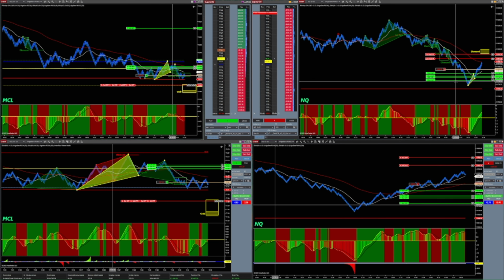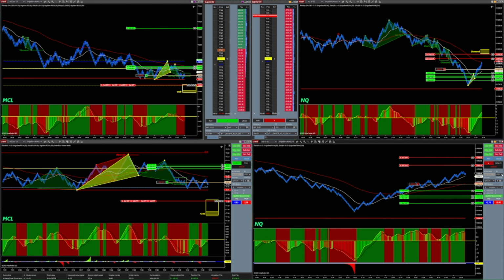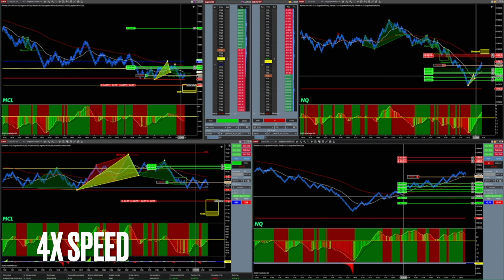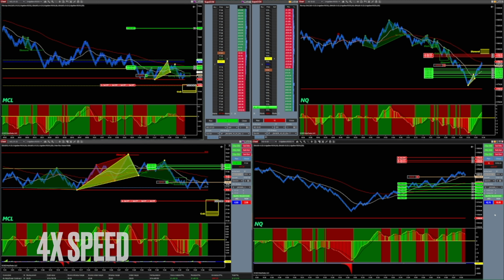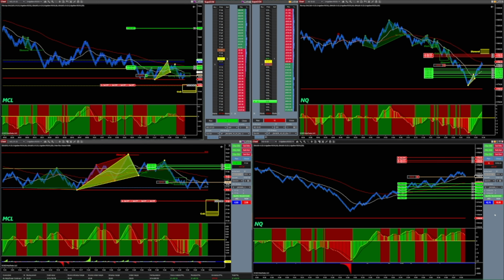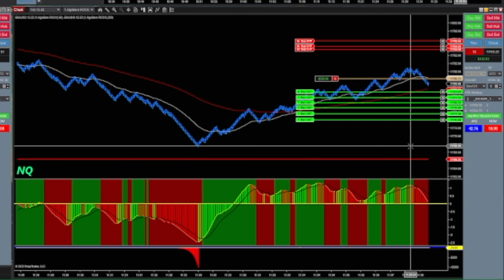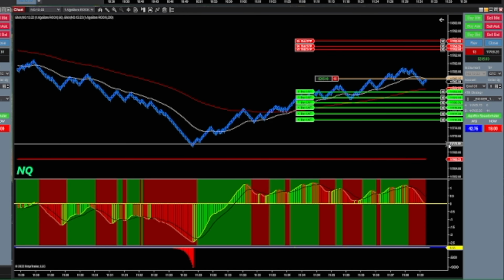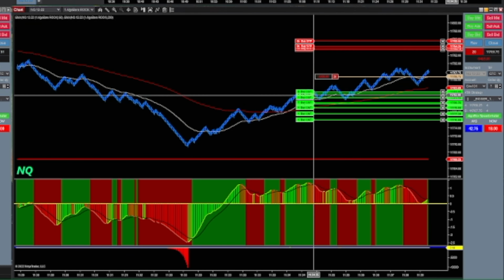Okay, we're looking for a switch now. So we're hitting this EMA at the top. Order filled. Okay, so as you can see, boom, moving into profit there. Order filled.